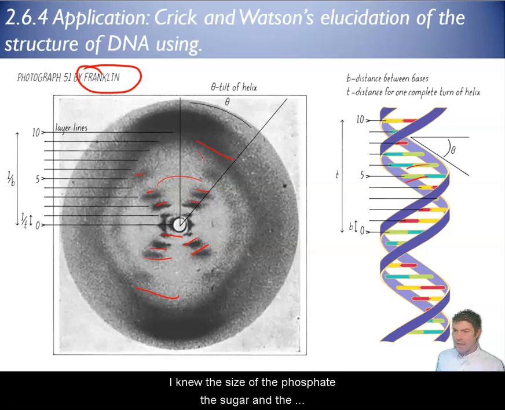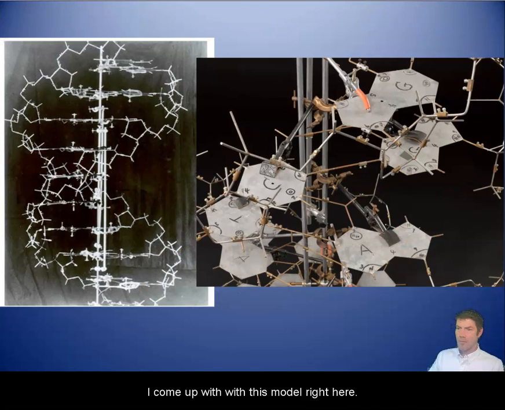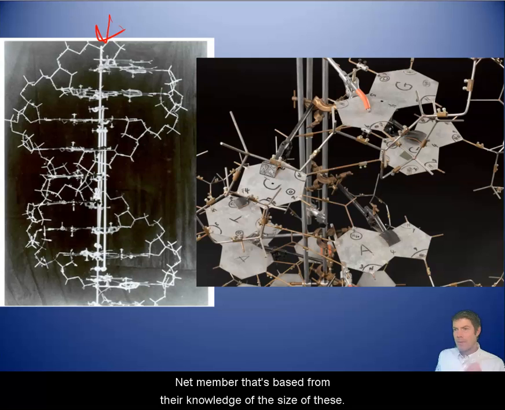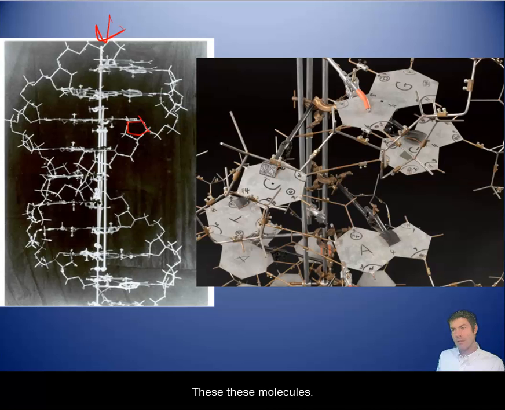They knew the size of the phosphate, the sugar, and the nitrogen base, and they were able to fit it all together and come up with this model right here. And then remember, that's based from their knowledge of the size of these molecules, sugar, phosphate, nitrogen base, plus the X-ray crystallography data.